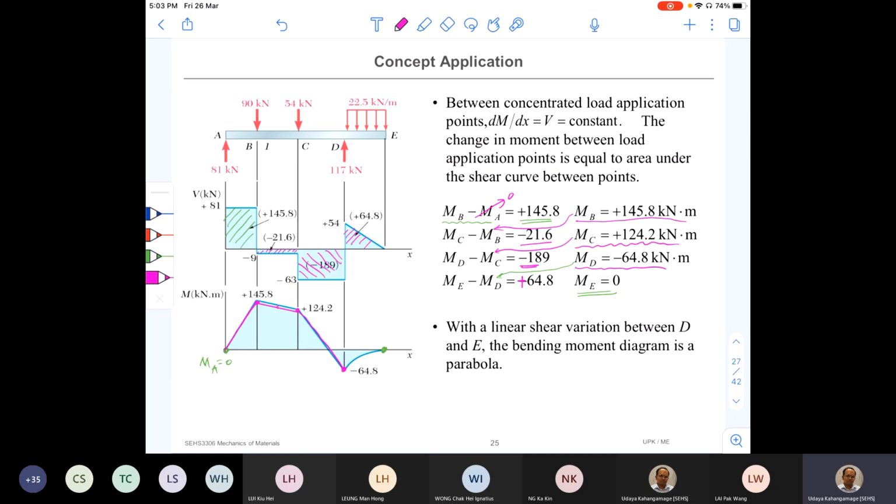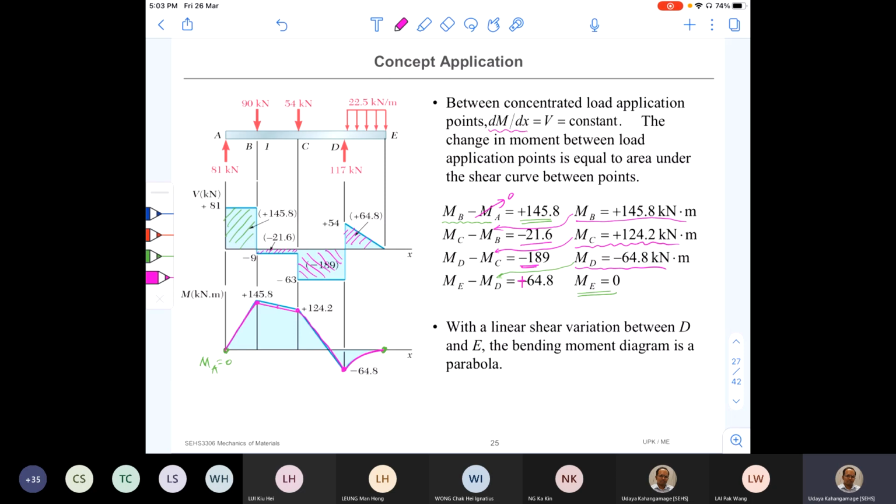So in between, what is the variation? Because we can look at the shear force variation, it is linear. Therefore, bending moment variation is one order higher. That is a parabolic variation like this. If you want to know why this shape is, you can simply take dM over dx at key points.